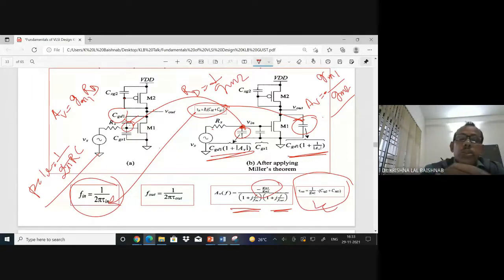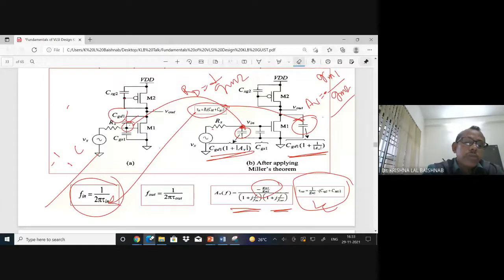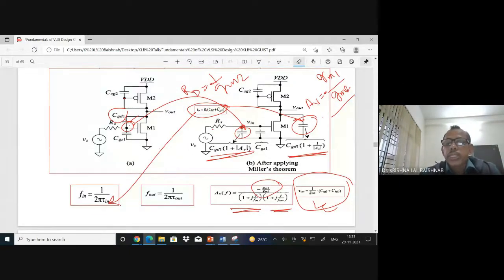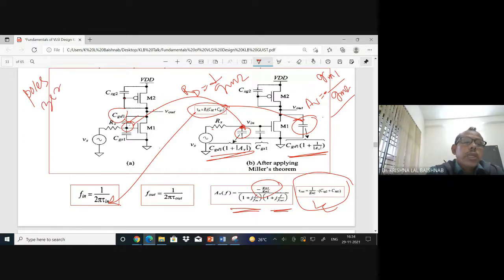In this circuit there is a zero, but because of Miller capacitance and Miller's theorem being applied, the zero is not coming into the picture; it is hidden over here. Remember, in control theory we studied poles and also zeros. In this circuit there are two poles, and one zero is not showing because of Miller's theorem.